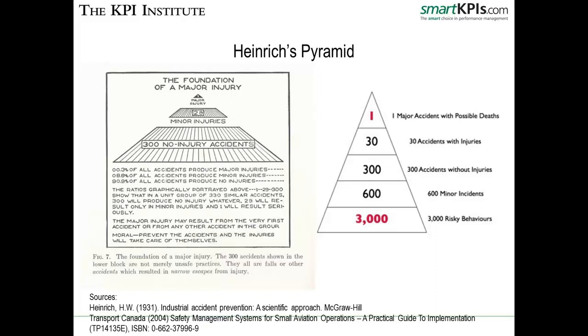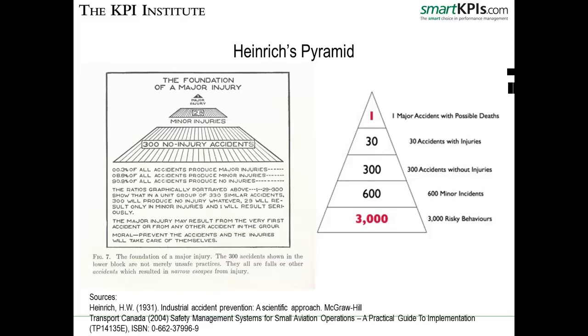Sometimes these two indicators are in the same reporting tool. In other situations we may have the top of the pyramid in the scorecard evaluating the achievement of a certain objective in this area, while the risky behaviors are monitored in a dashboard, an OH&S dashboard, for example. Regardless of whether or not they are in the same reporting tool, it's important to ensure that they are both monitored.